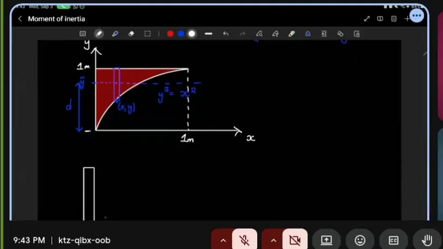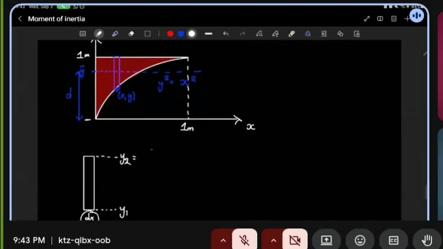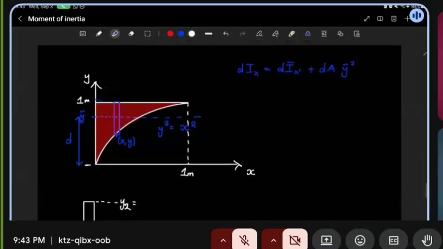Then, how about its height? Notice that its height is first in terms of y, so it's like from y1 to y2. But these values of y need to be expressed in terms of x. Above all, we're going to have a dx there, y1 to y2. So what is y2? Notice that y2, or y at the top, is constant. It's always 1.